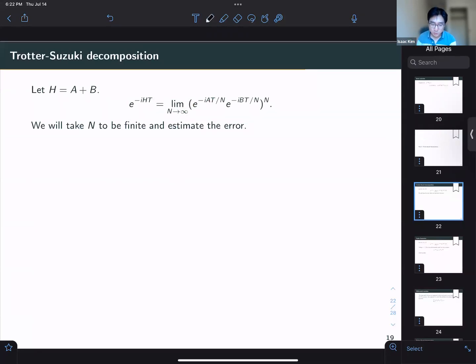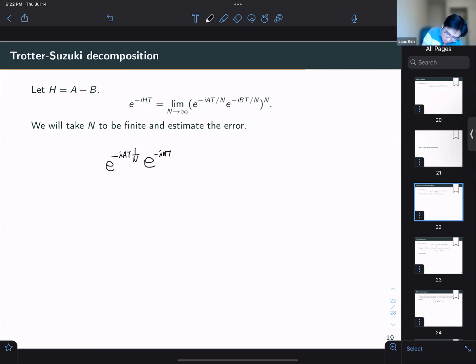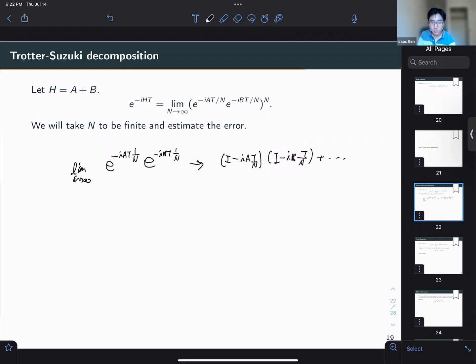The reason why this works is that, at least in the n goes to infinity limit, this becomes identity minus iAt/n, identity minus iBt/n, plus some subleading terms in 1 over n.